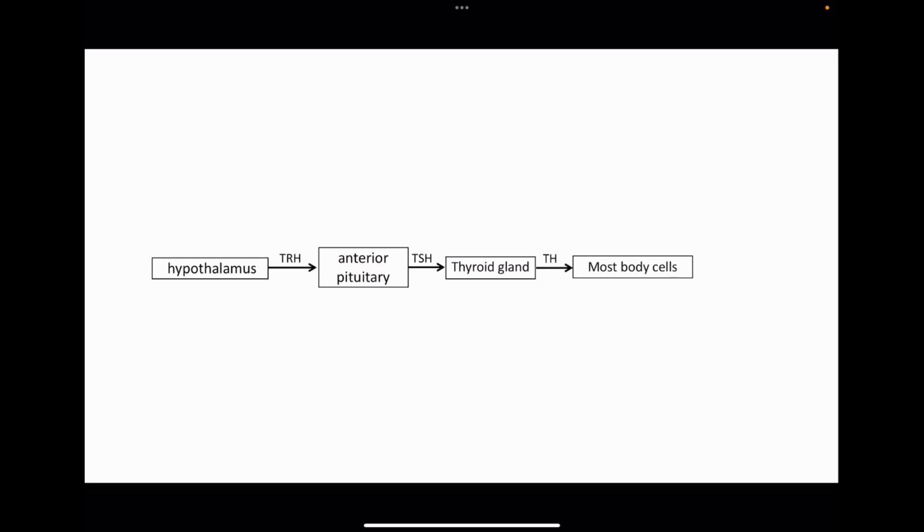And that's going to target most of our body cells in order to increase metabolism. Okay. Questions about thyroid hormone?